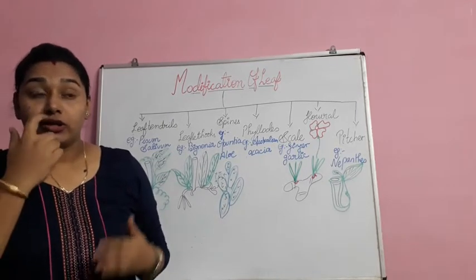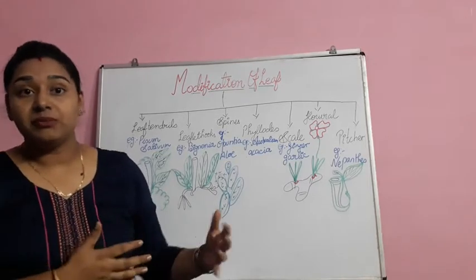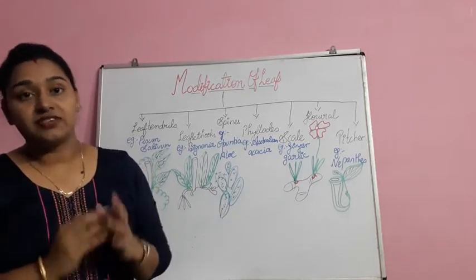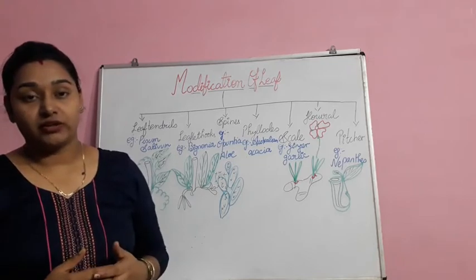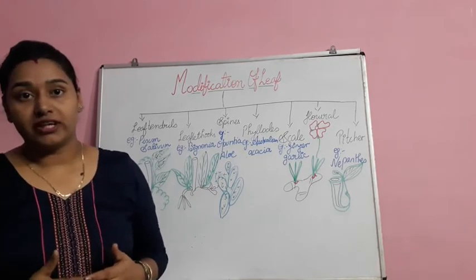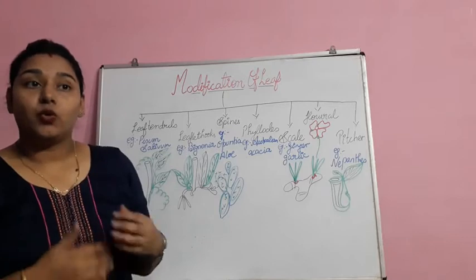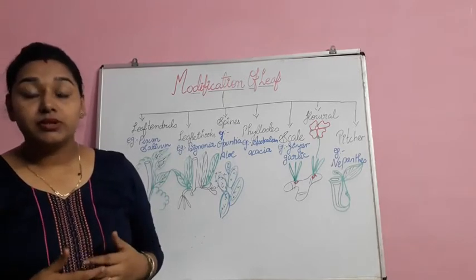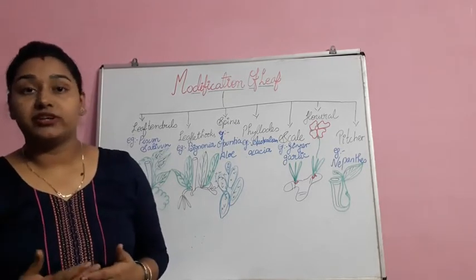But for these things, they can't stick to one leaf structure, which is a flattened one. They have to modify themselves. So for the requirements and needs, they have modified themselves into different types.